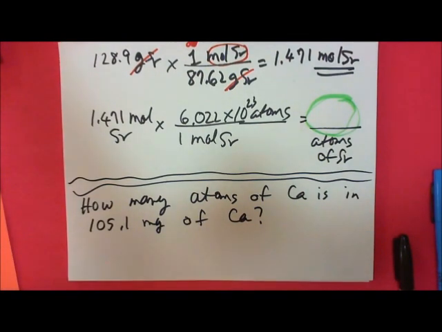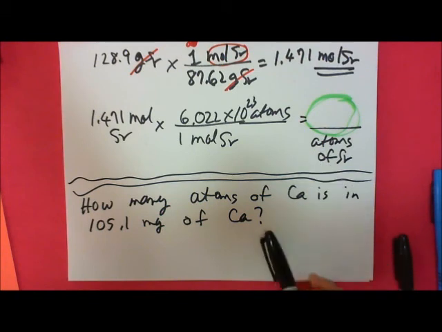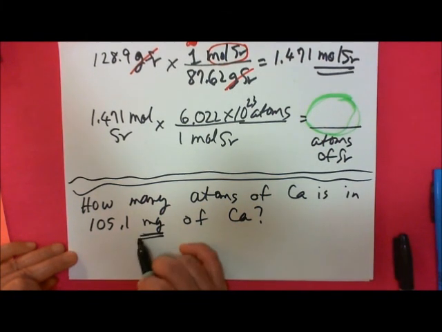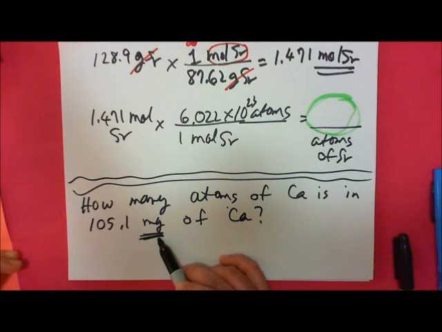Okay, so there's my question. This question is almost the same as the question that I asked above, except it's with a different number. But then I also have one additional conversion that I have to do. Last time I just went from grams to number of atoms. This time I'm going to have to go from milligrams to grams of atoms.